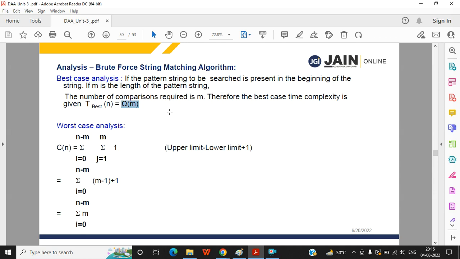Best case analysis: since we found the pattern at the very beginning, you can represent the best case by big omega notation, big O notation, or big theta notation. For any case, best case, worst case, and average case, you can represent them using any of the notations, big O, big omega, and big theta.